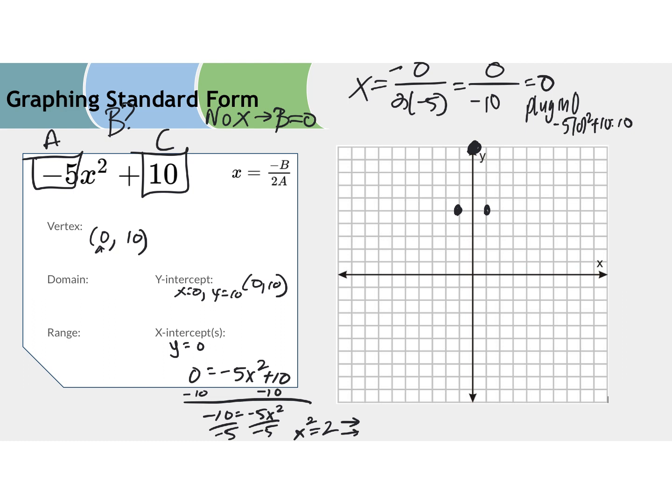So what we do is we take the square root on both sides. And we actually end up with two answers. x equals plus and minus the square root of 2. If you put that into your calculator, you get 1.7 and -1.7. Which means I actually have two x-intercepts: positive 1.7 and -1.7.